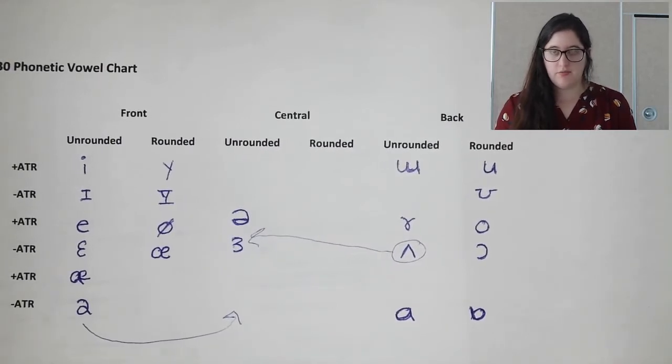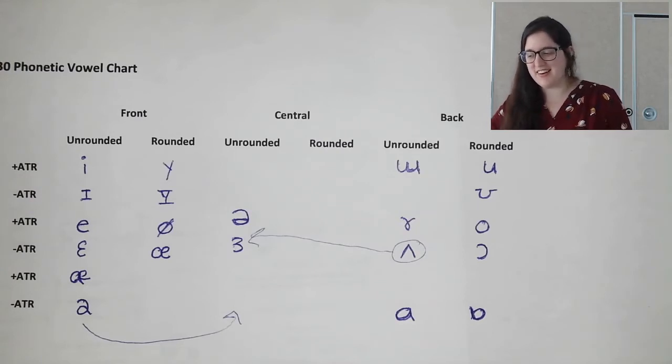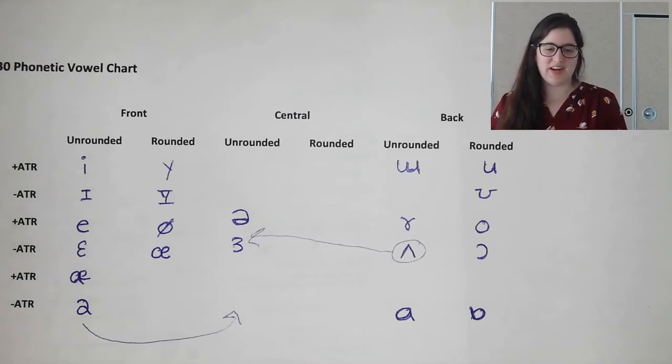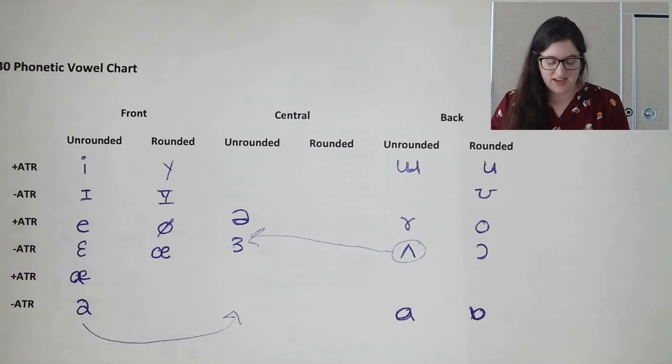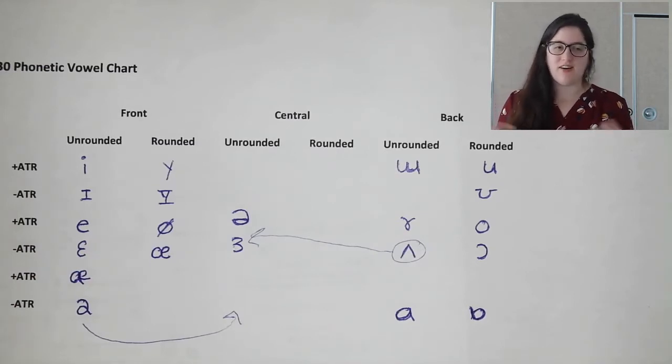And the very last thing we want to mention before I take questions is diphthongs. So you may have noticed that there are some vowels in English that I didn't make when I was giving you examples of all of these vowels. That's because in English we use a lot of diphthongs, and all a diphthong is, is two vowel sounds smushed together.